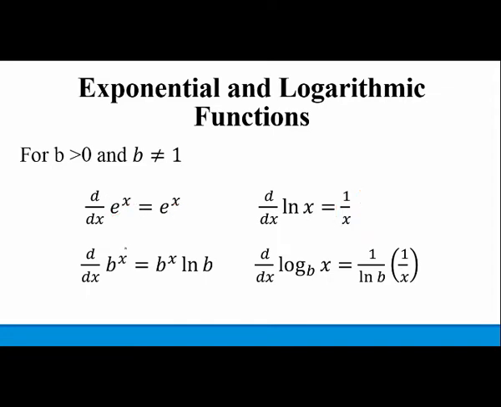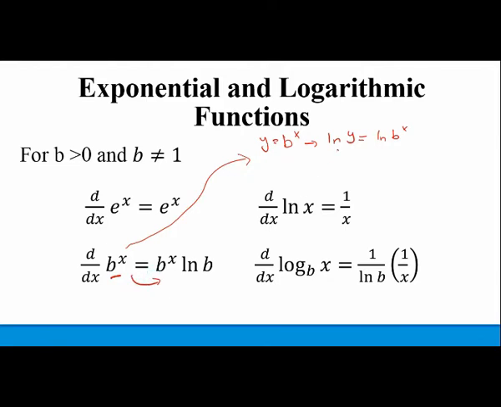Now, if you want to differentiate b^x, let's say y equals b to the power of x. Then I take ln of both sides: ln y equals ln b^x. I just want to prove how to get this.